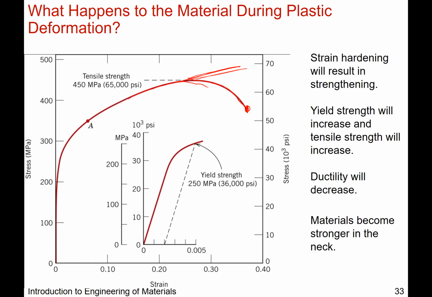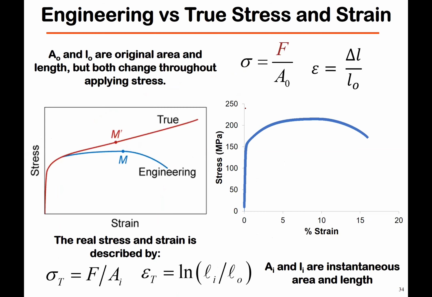So in the neck region, it's actually getting stronger. Okay, so that's what this curve shows. This is the true stress right here, but what you see reported is actually the engineering stress. But you can compute that by relating the total strain to the true strain and engineering strain.